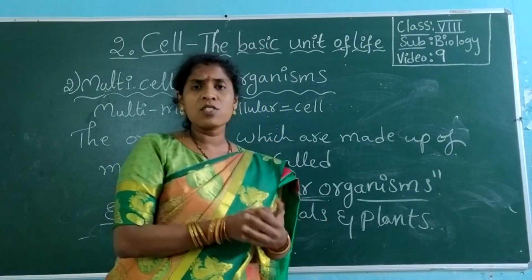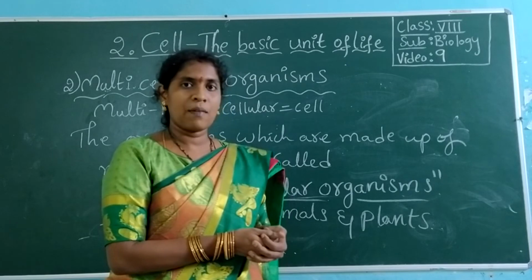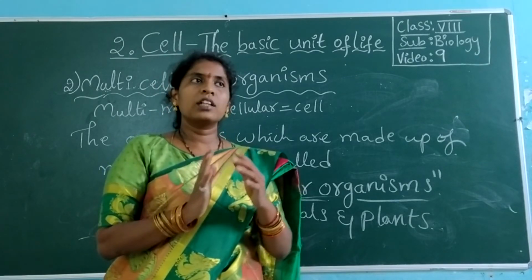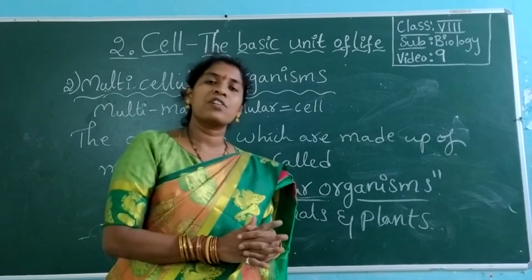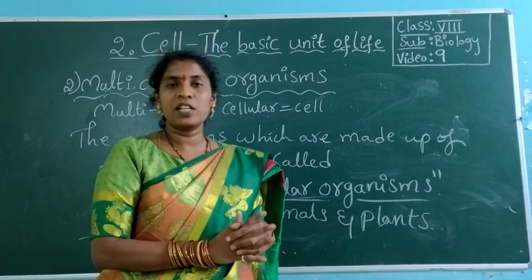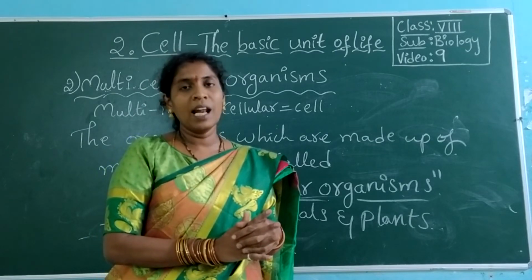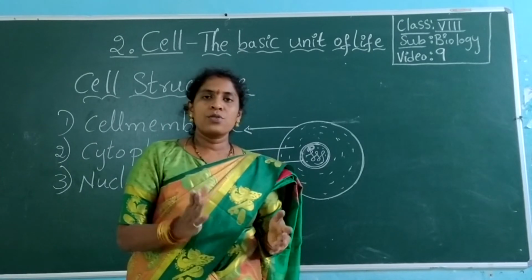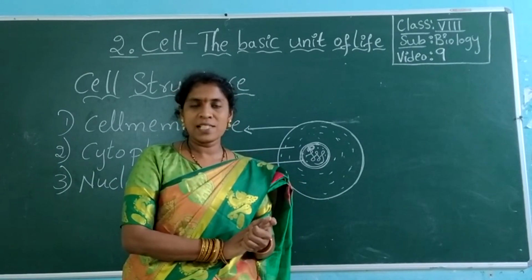Then what is the structure of different cells? Today I will tell you the common parts present in different cells, and later the differentiation between plant and animal cell. Okay, let us start. Now we look at cell structure.